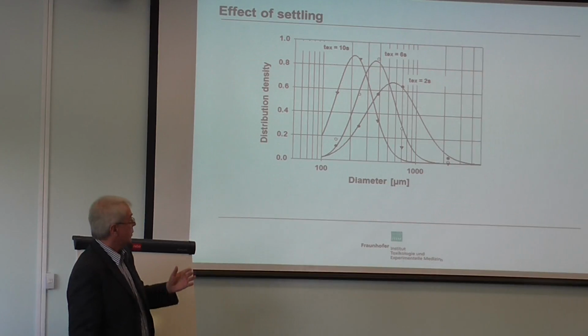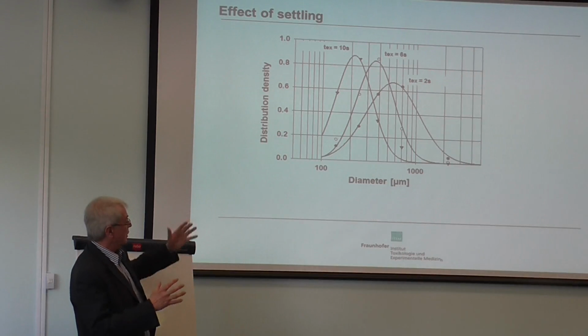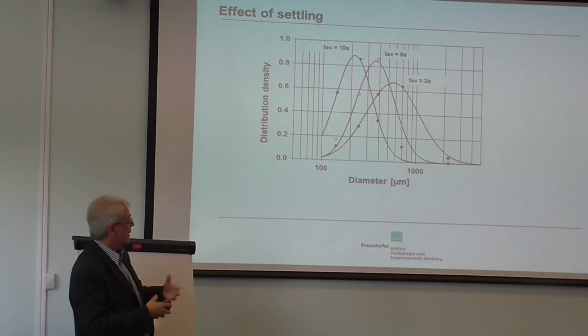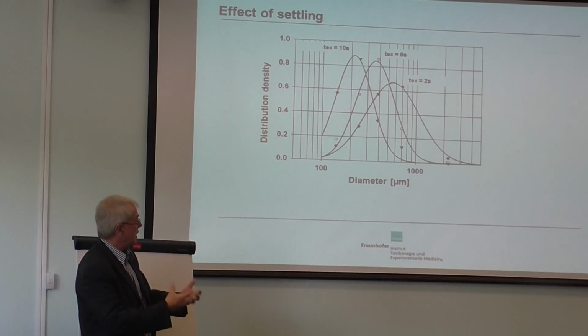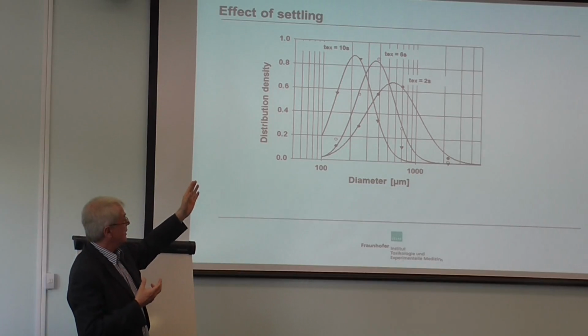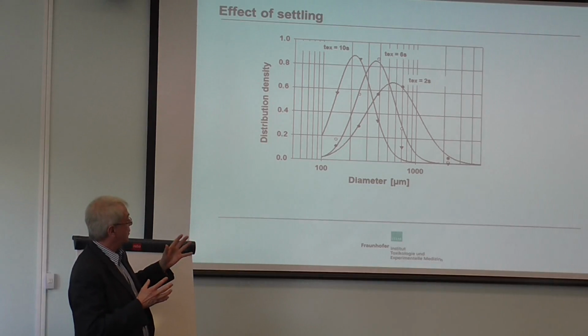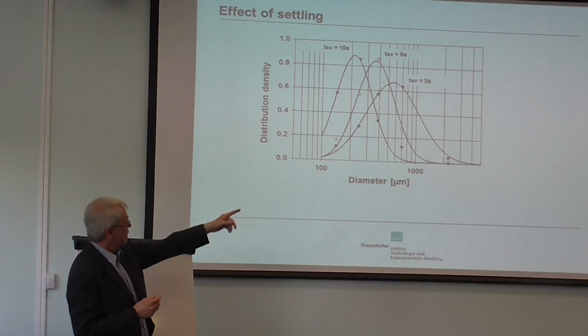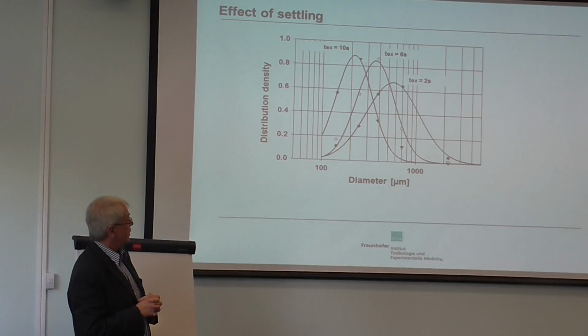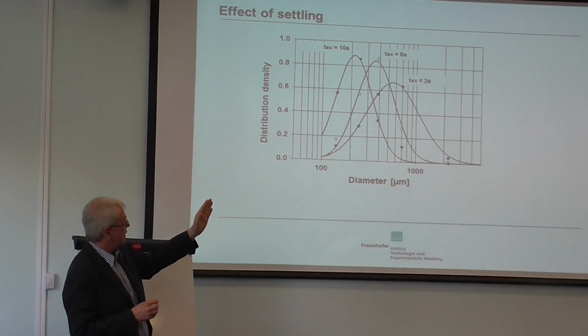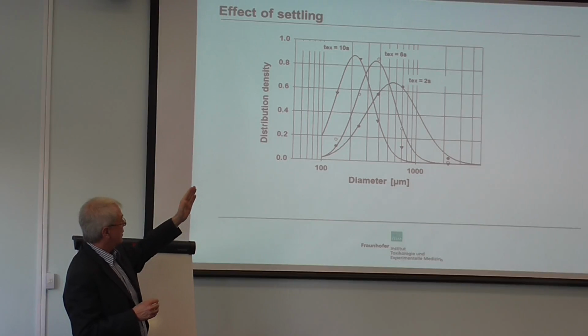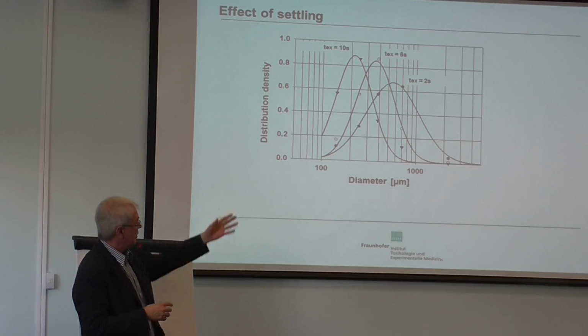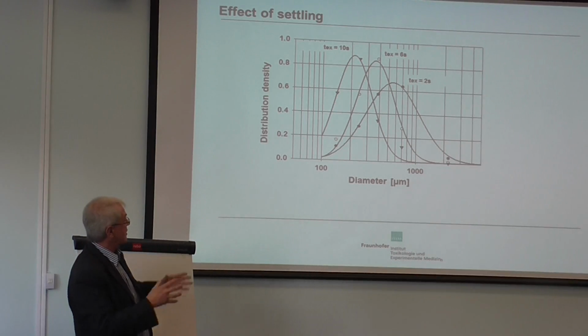So, of course, when you elongate your breath holding time, if you just take a very long breath and you have the possibility of analyzing the spectrum at different exhalation times, you clearly see the influence of sedimentation on the size distribution. This is relative size distribution, so at short times you get larger particles out, and at longer residence times, of course, if you hold your breath, then even particles of 100 nanometers to 1 micrometer are settled out.